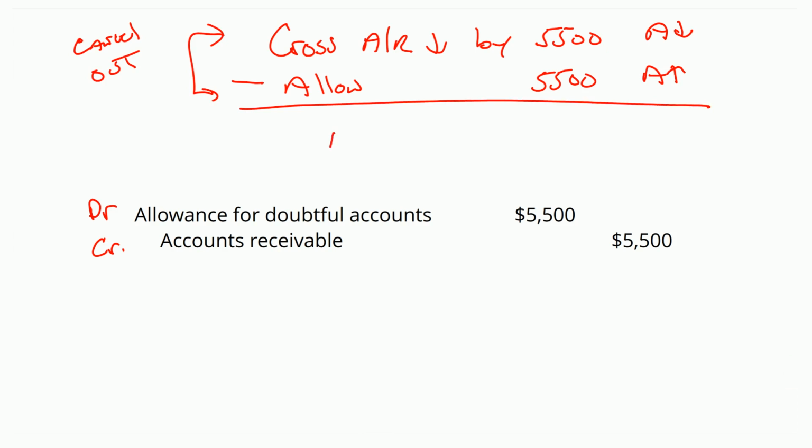So what does that do to your net realizable value for your accounts receivable? No change. 5,500 minus 5,500, zero. There's no change to the net realizable value of your accounts receivable because you're eliminating both the asset and the contra asset. Since you're eliminating both, they cancel each other out.